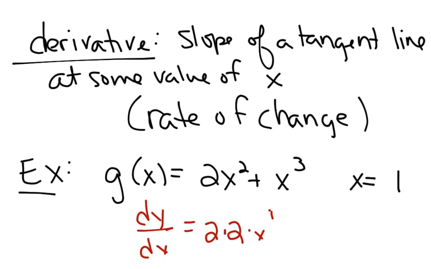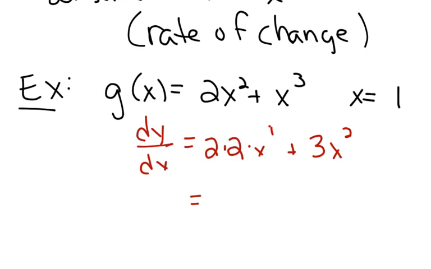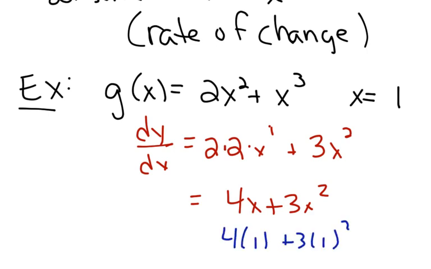So you're going to do the coefficient of 2 times the exponent of 2, and you take 1 away from the exponent. You're also going to take the derivative of x cubed. You take the derivative of each term. Well, it becomes 3x squared. So the derivative is 4x plus 3x squared. Now to find the derivative at x equals 1, you're going to plug 1 in for x. And remember, that just tells you the slope of the tangent line.